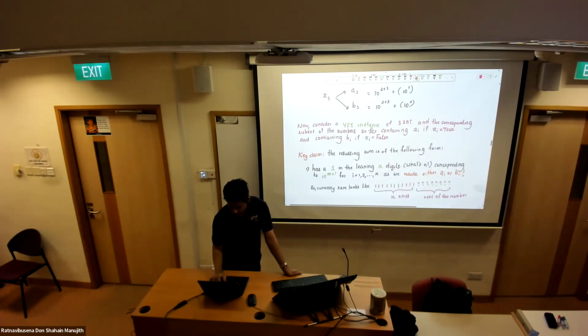So it has a 1 in the leading n digits, corresponding to 10^(n+i) for i equals 1 through n, as we include either ai or bi. Because if you set xi true, you choose ai. If you set xi false, you choose bi. Therefore, since you include either ai or bi, the leading n digits will be n ones, strictly.